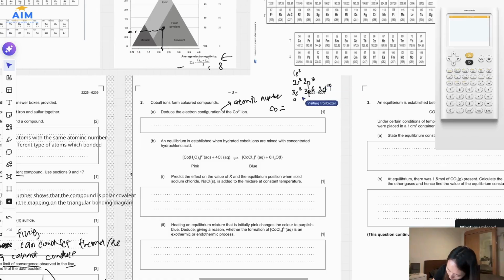It needs to be filled diagonally. So we start from 1s2.